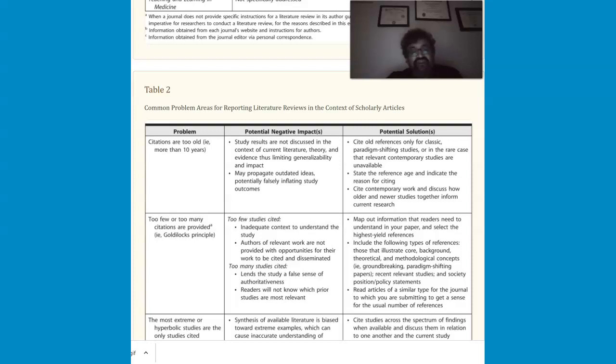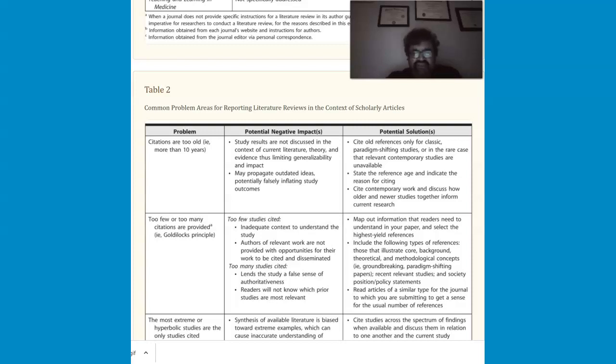So now you're dealing with, if you have... Now, if it's a seminal article, that's different. That's a different story. But when you're talking about just study results, you have to base it or ground it in current literature. So a potential solution: cite old references only for seminal paradigm-shifting studies.